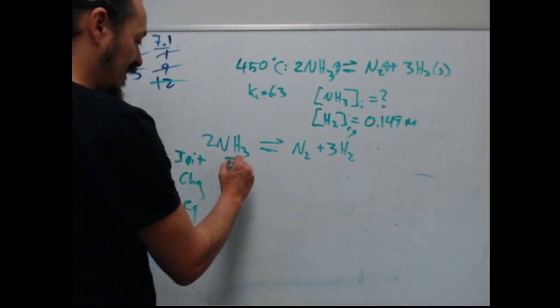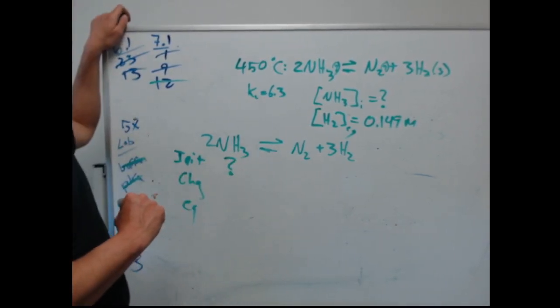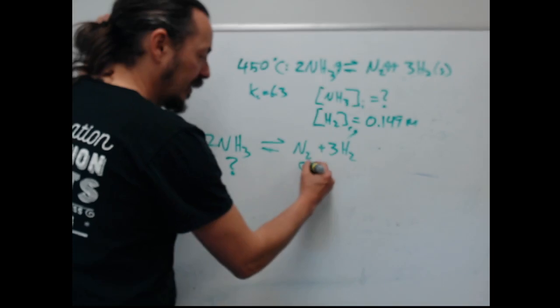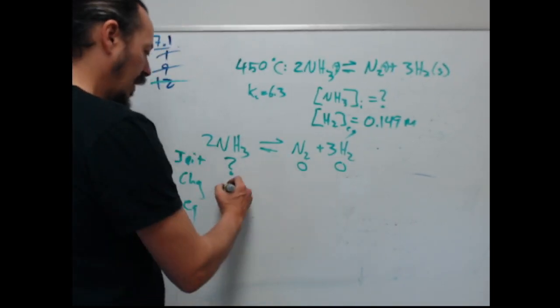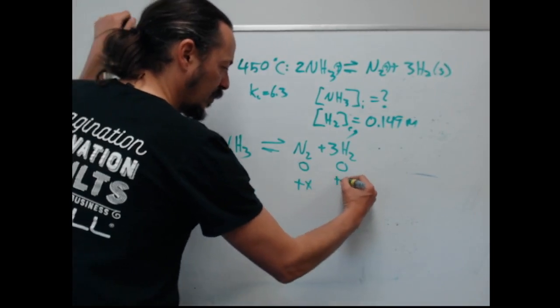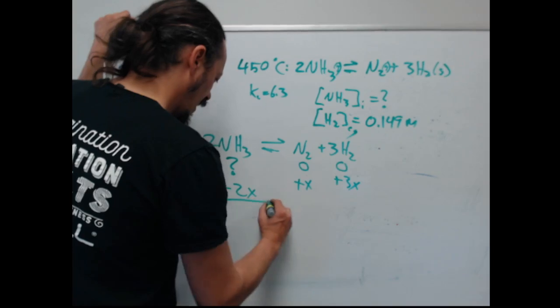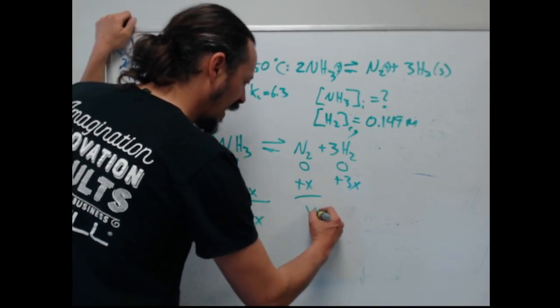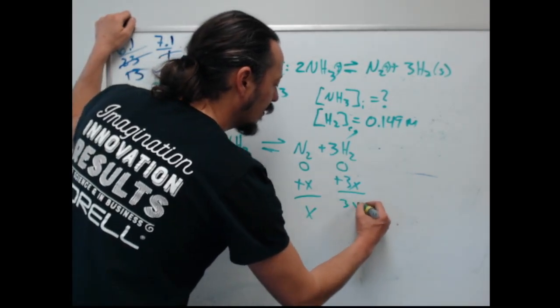My NH3 is an unknown quantity, so I'm using a question mark because I'm going to have too many X's otherwise. That's the only thing I put in, and the others start as zeros. The change is minus 2x, plus x, plus 3x. At equilibrium, I have question mark minus 2x, x, and 3x.